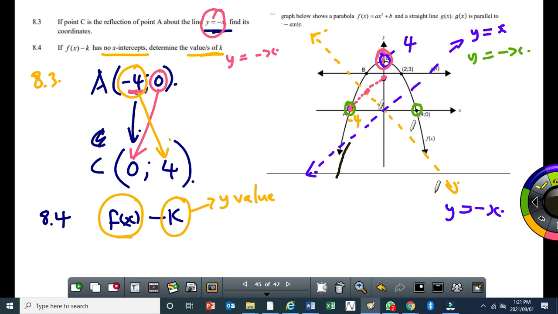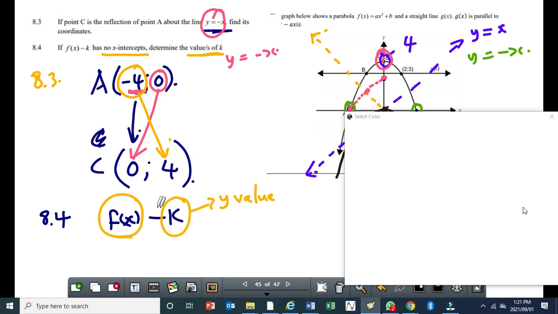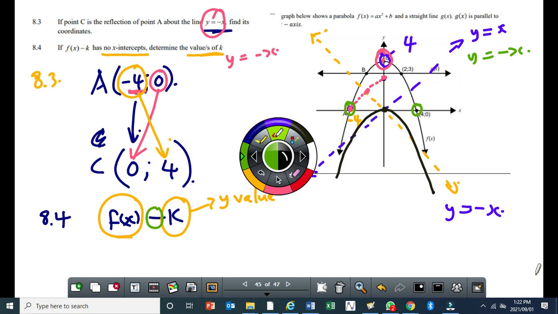right? It means we are going to have an x-intercept here, which is equal to 0. So what that means is we are supposed to move the graph by more than 4 units downwards. But our expression has got a minus, so the value of k is not going to be a negative value, it has to be a positive value.